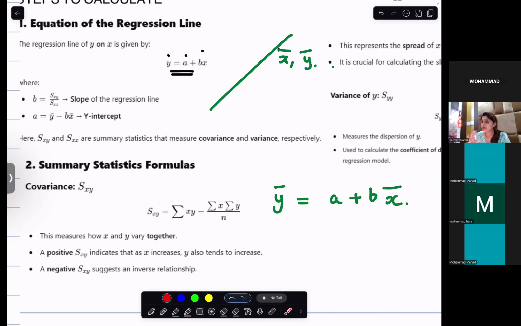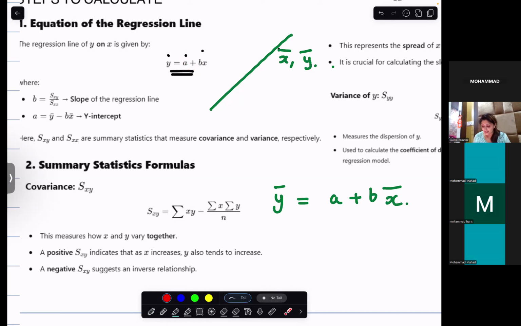These are constants. I can use any variable. It does not matter whether I'm using a plus bx, ax plus b, mx plus c, anything I can use for constant. Now I am trying to find the new line, new a and new b. A and b are called the regression coefficients. What are they called? The regression coefficients.